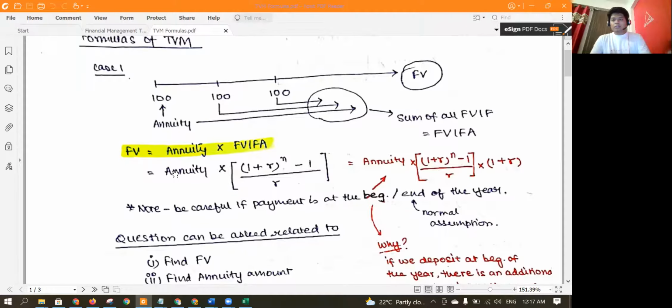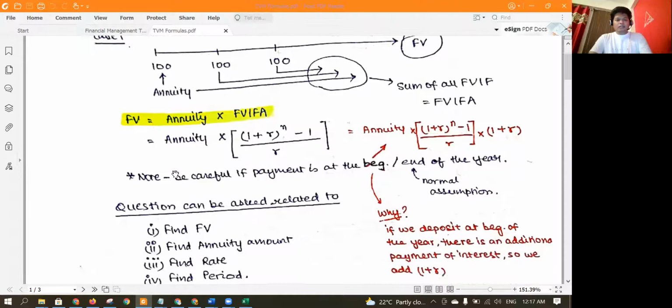So for example, if it's 12% and 5 years, it will be 1.12, power 5. Then minus 1, divided by r, which is 12%, so 0.12. This is how you calculate the annuity factor, and then you just multiply it with the annuity and you'll get the value. So this is easy.